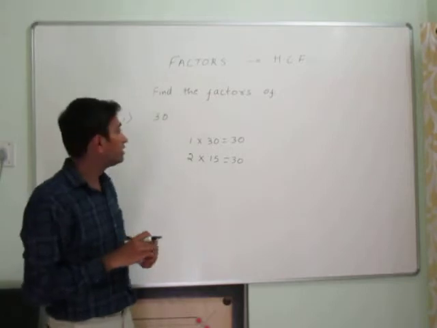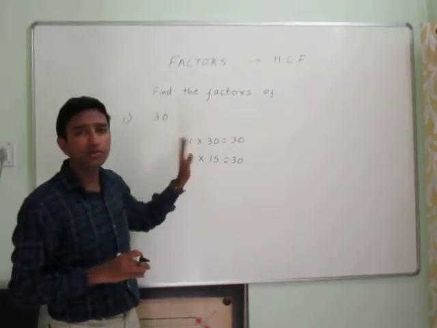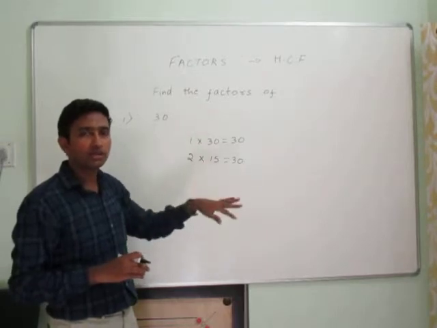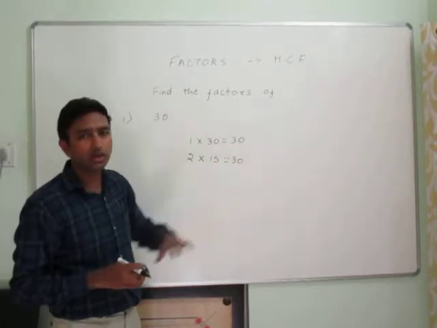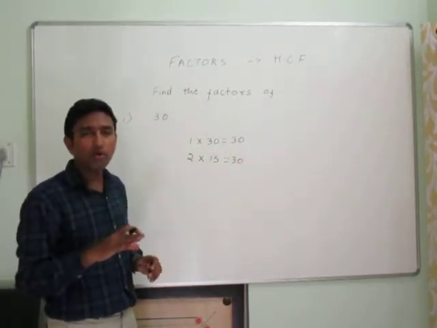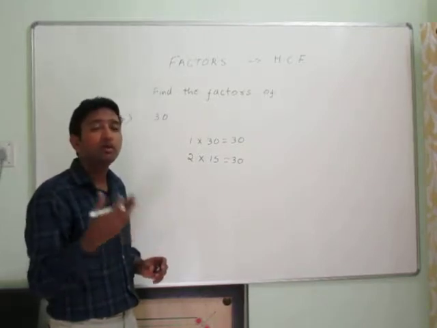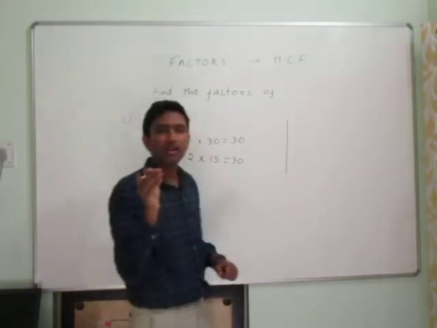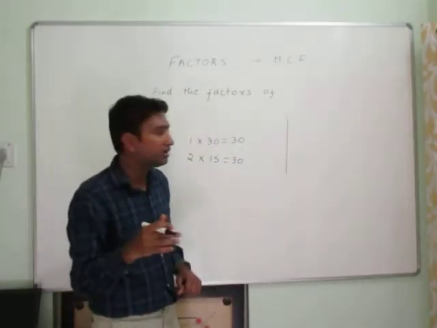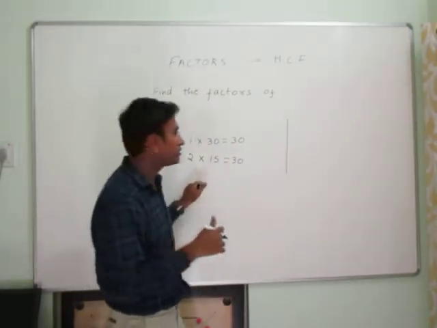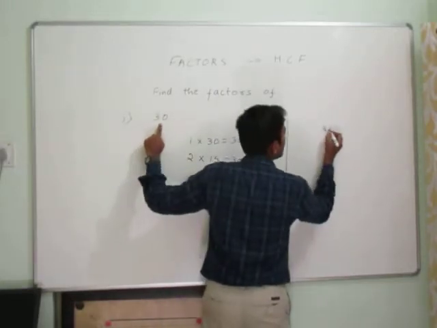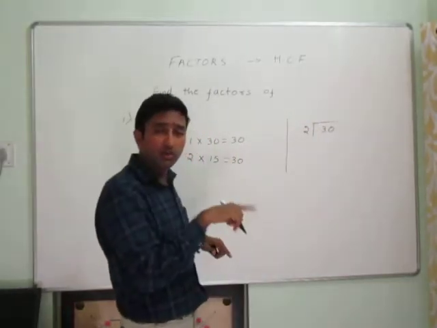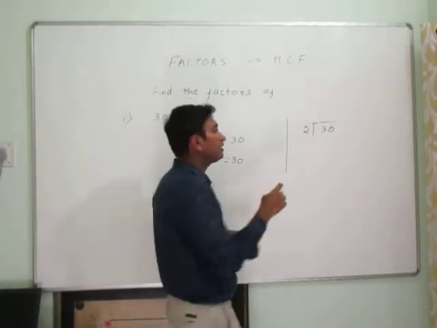I told you that you should know tables till 15, considering that you are in 5th standard. So then you will directly know that 15 2s are 30, and you can write 2 15s is also equal to 30. If you don't know tables till 15, what to do? Very simple. You have to do a little bit of hard work, and that is you have to actually divide 30 by 2, because you know that it will be divisible by 2, because 30 is an even number.